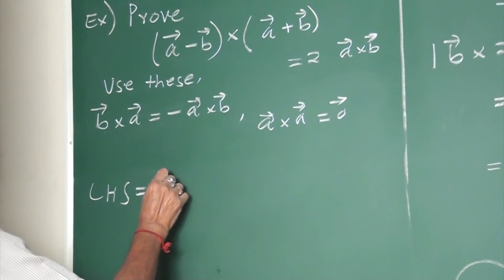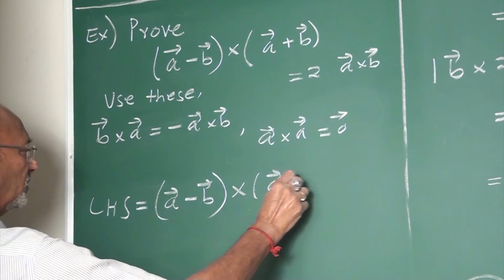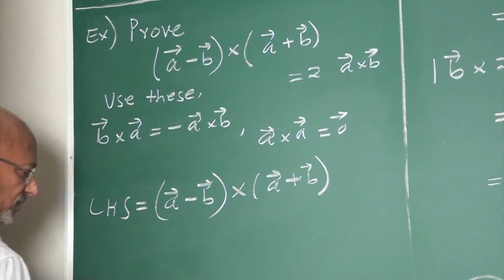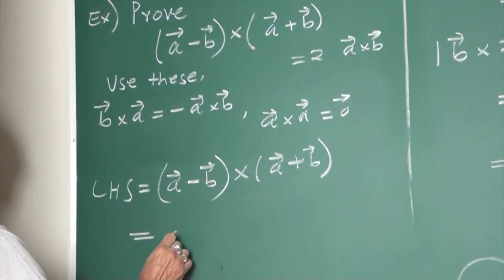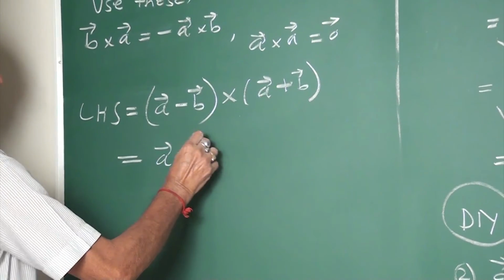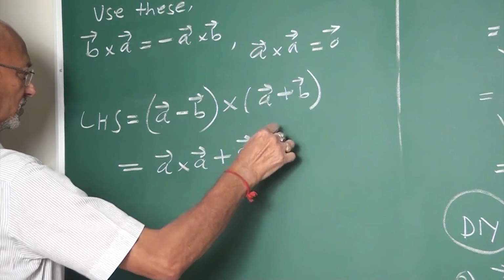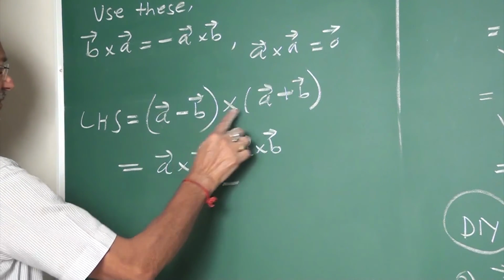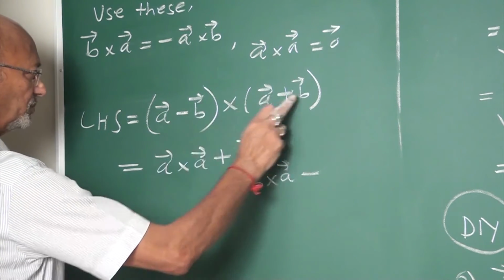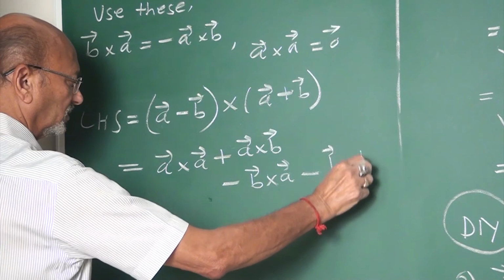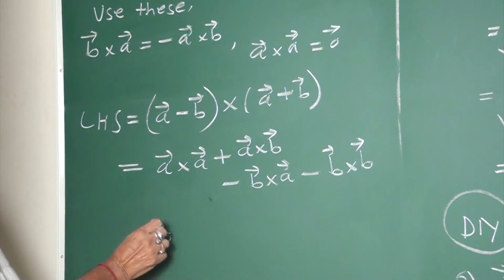Now LHS. LHS is vector A minus B cross A plus B. Yes, one by one you do it. Equal to A cross A plus A cross B, minus B cross A, minus B cross B. A cross A and B cross B are 0 vectors.